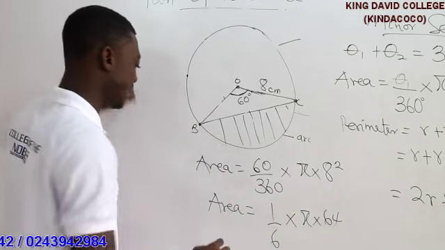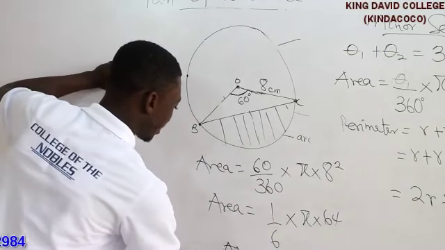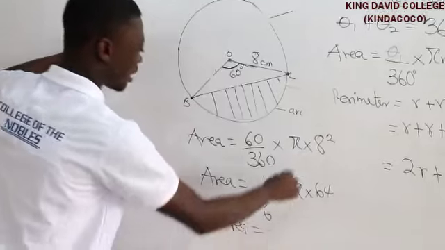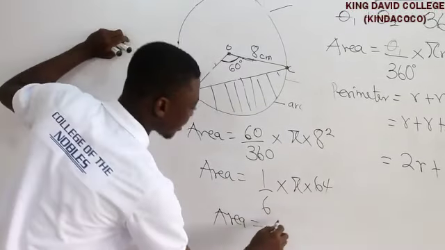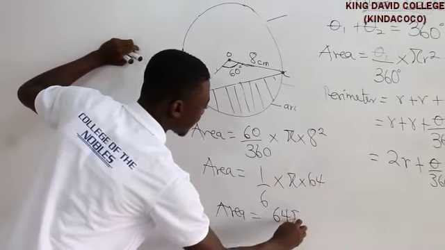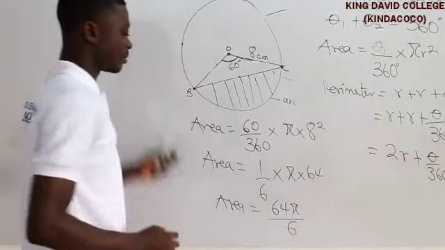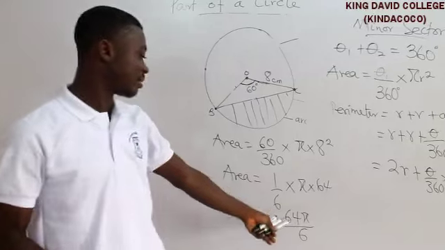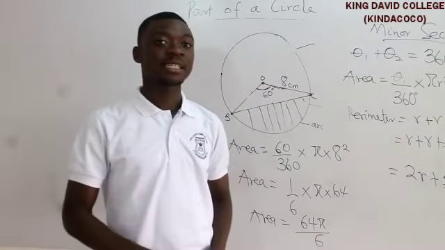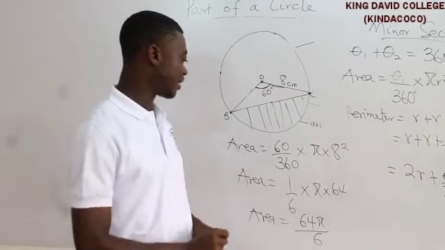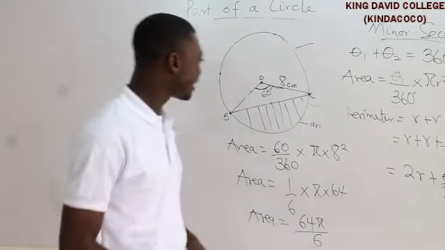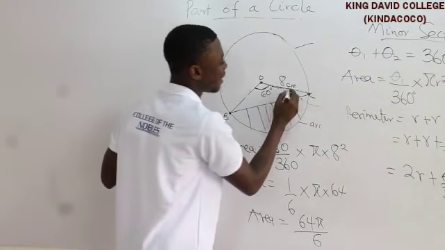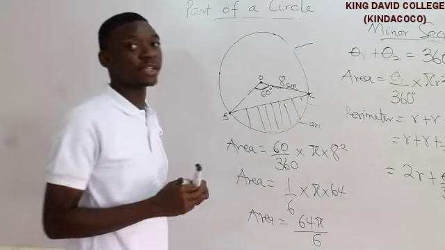So basically, when you punch this on your calculator, you can finally reduce it so that you get 64 pi over 6. So when you do 64 pi over 6 on your calculator, you can leave your answer in decimal. Then you look at the SI unit of the radius.